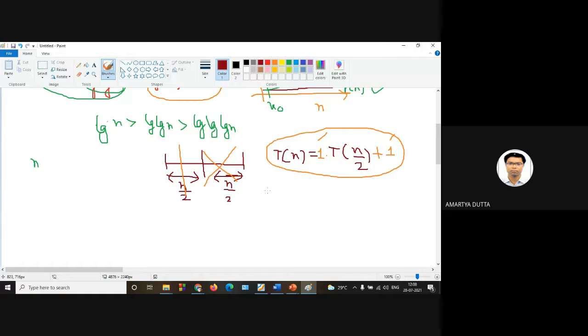Conquer means we have to find the solution recursively, that is, recursively we have to solve our subproblems. Next, combine. This part is hidden. Combine means finally, after conquering all the subproblems, we have to put together the solutions to get the final result. So this is your combine stage.